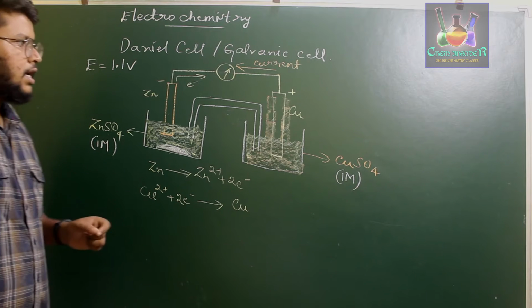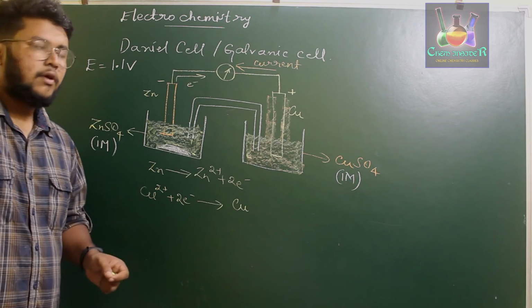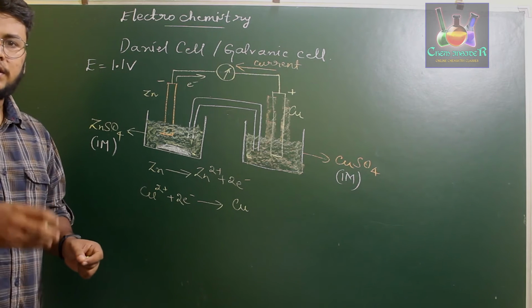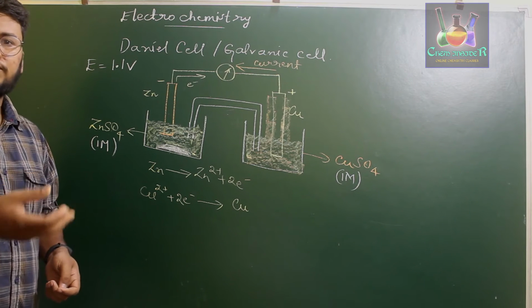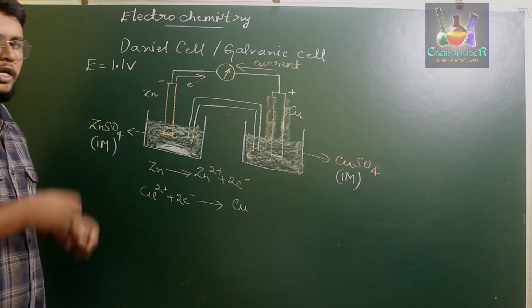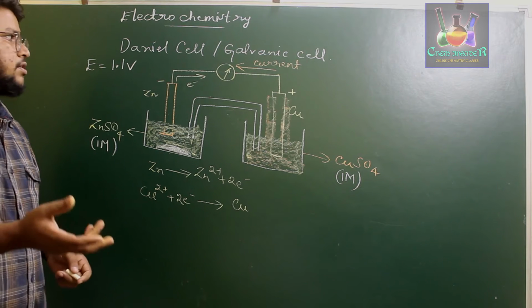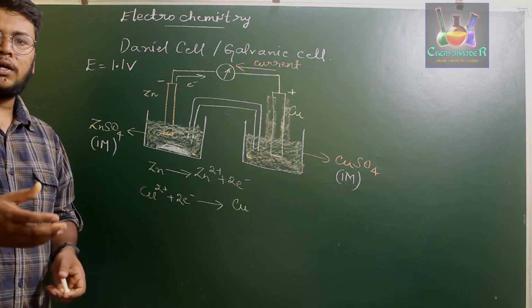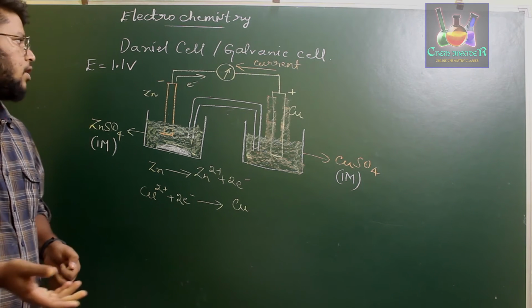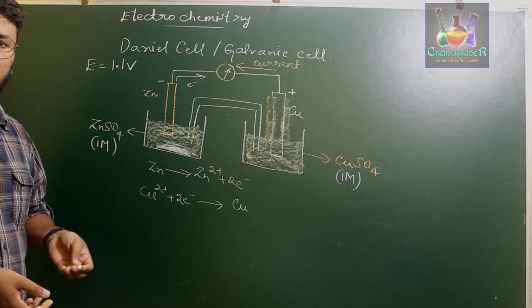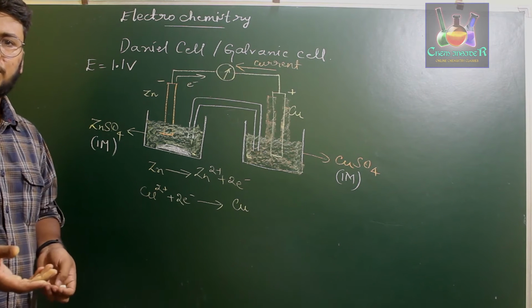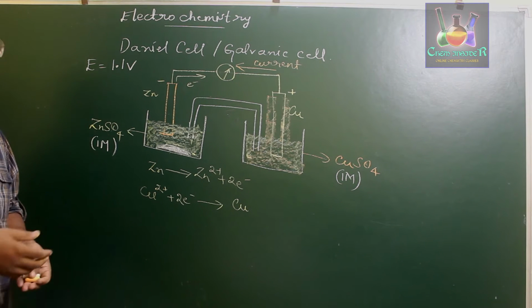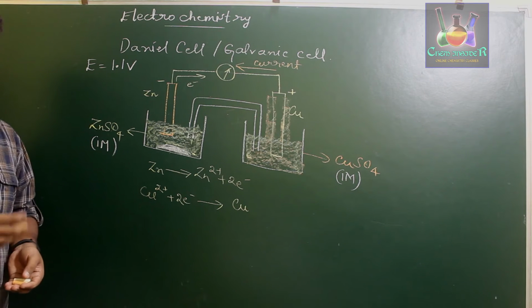Now let us consider a condition where we are applying an external potential. We apply external potential on these electrodes in three cases. In the first case, we apply an external potential less than 1.1 volts. In the second, we apply exactly 1.1 volts. And in the third, we apply more than 1.1 volts.